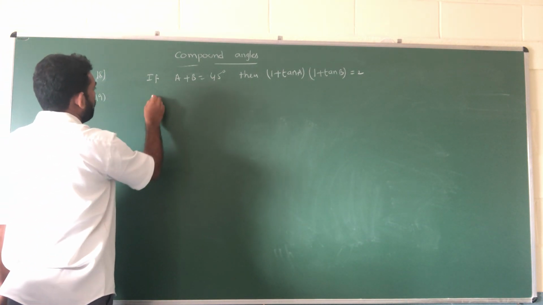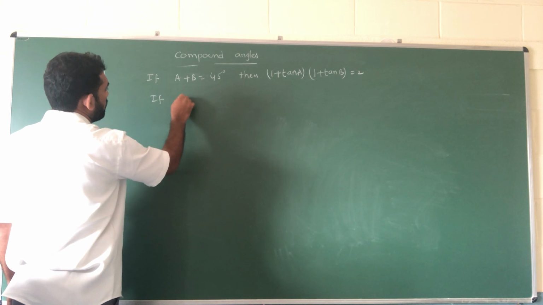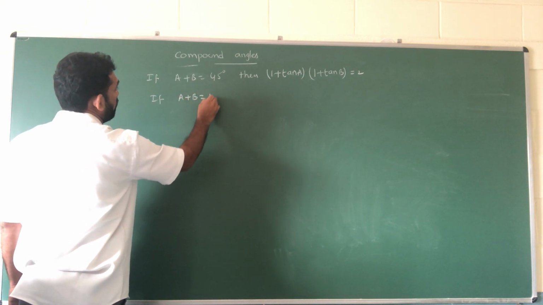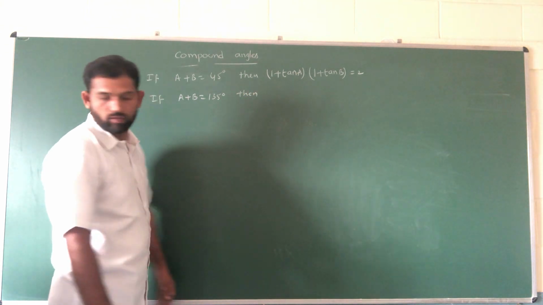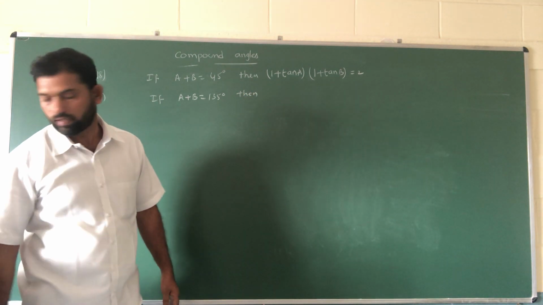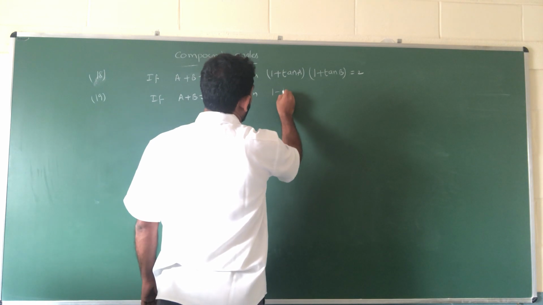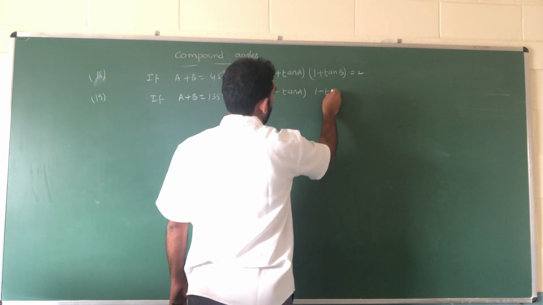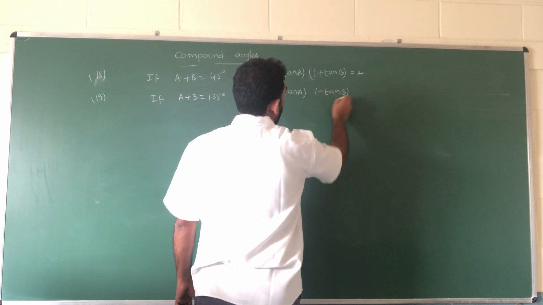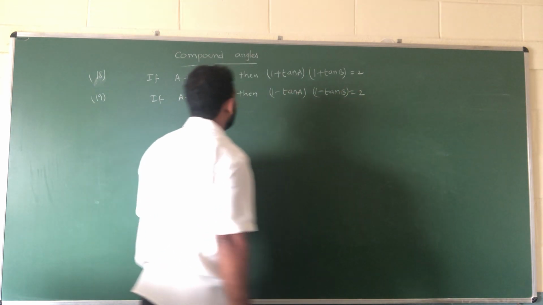19th one: if A plus B is equal to 135 degrees, then 1 minus tan A into 1 minus tan B is equal to 2.